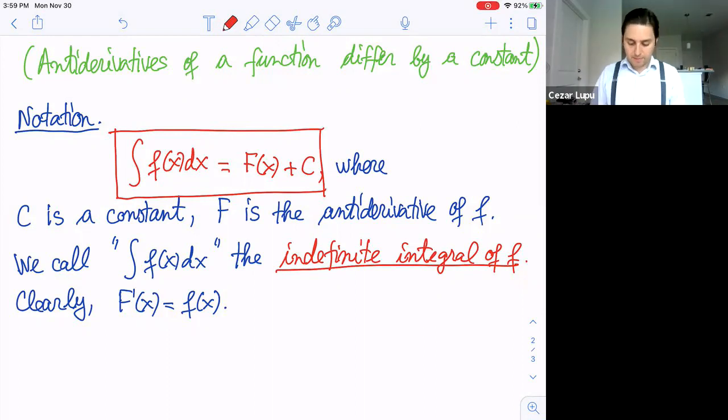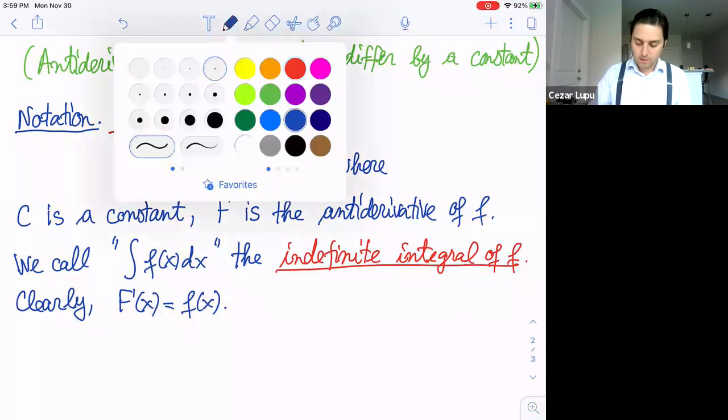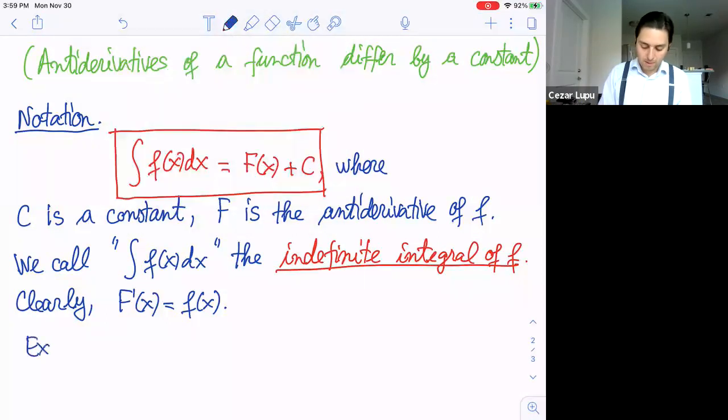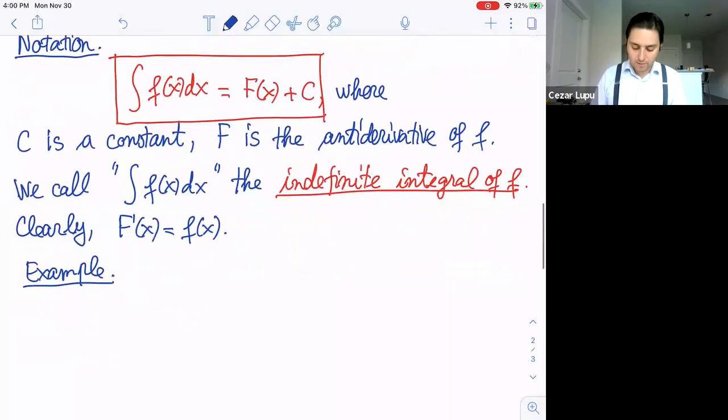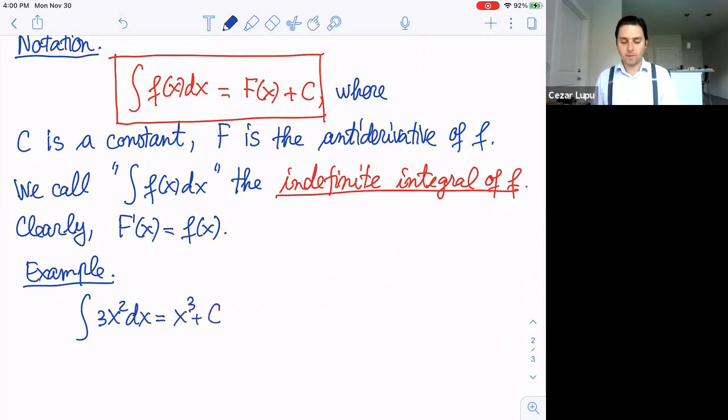Now let's see some examples. I would like to go back to the previous example, since we talked about the derivative of x cubed. Now I would like to compute the integral. So we have that the integral of 3x squared dx will be nothing else than just x cubed plus a constant, right?